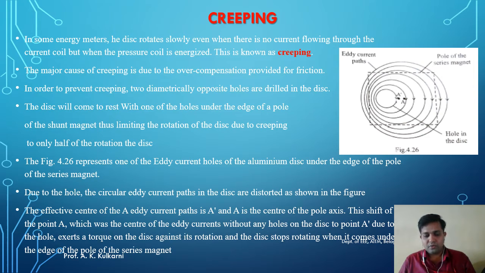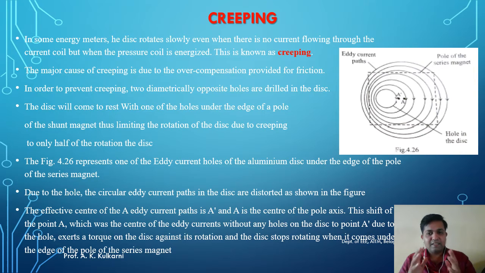We need to make sure that whenever the loads are turned off, the disk stops and does not move. If it moves, there is a certain error present in our energy meter.